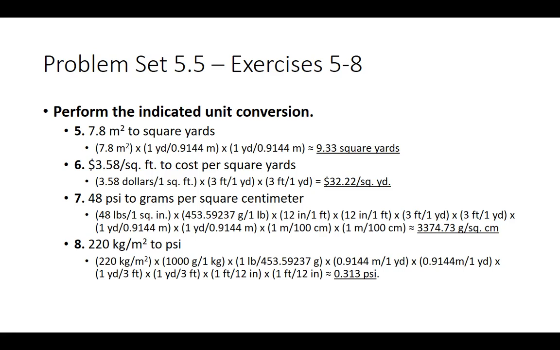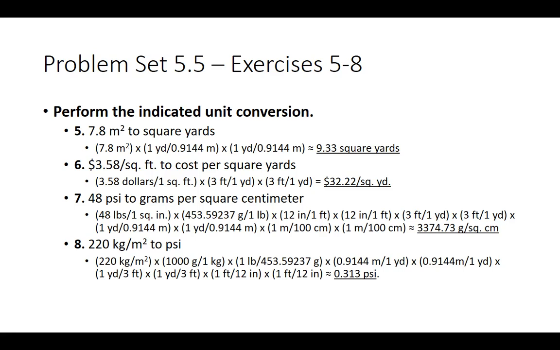So to get rid of square feet on the bottom, we're going to need feet on the top twice. To get to per square yard, we're going to need yards on the bottom twice. So feet and feet on top twice cancels out square feet on the bottom. Yards and yards on the bottom twice gives us square yards on the bottom.